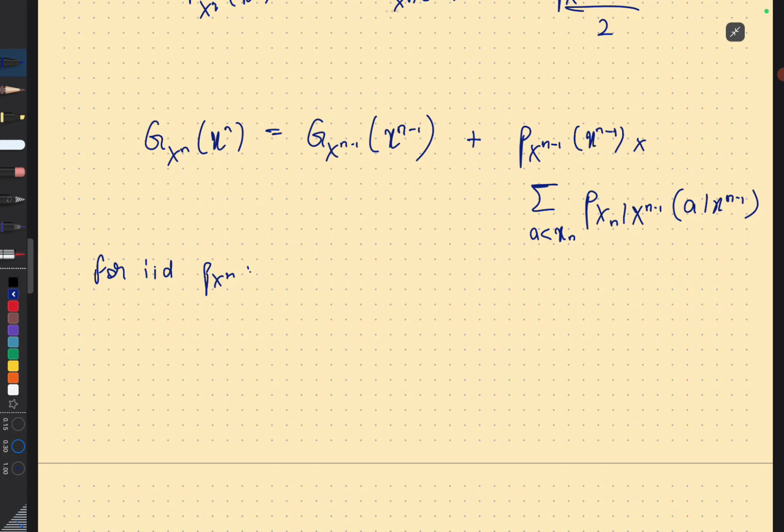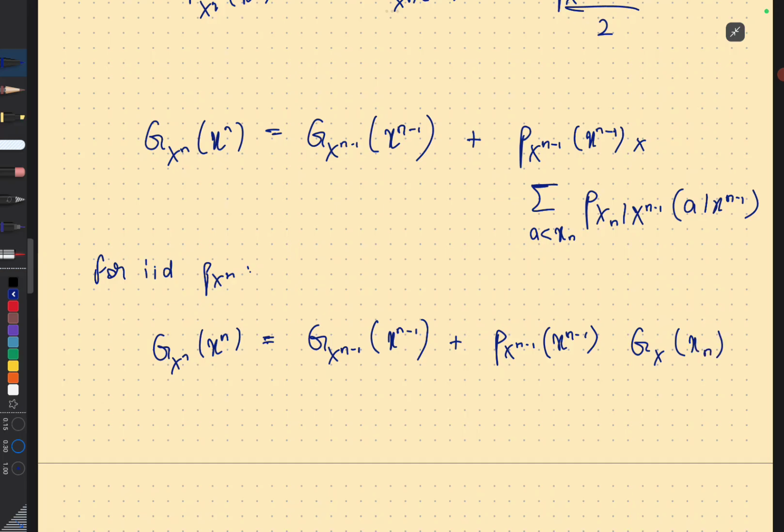So if this is IID, then g of x^n is equal to g of x^{n-1} plus p of x^{n-1} times the sum, just because this is simply p_X of a.